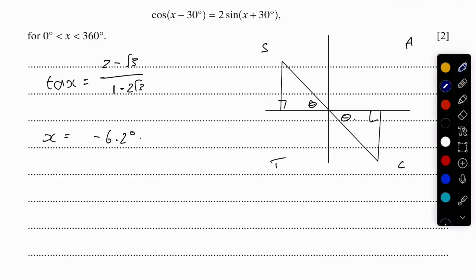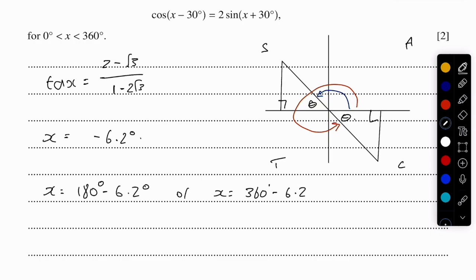So if we go over here, that's going to equal 180 minus 6.2 degrees. And we can also go all the way here, which is 360 minus 6.2 degrees. So x is equal to 180 degrees minus 6.2, or x is equal to 360 minus 6.2.